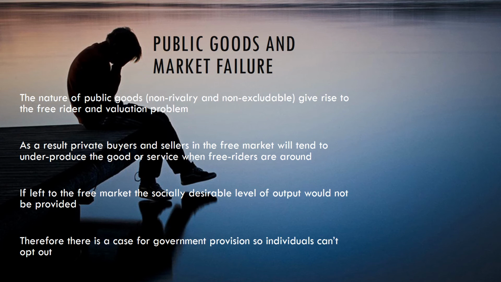The ultimate conclusion is that there is a very strong case that for these types of goods, like flood defence, policing and the army, the government should provide them directly by forcing taxpayers to pay tax so that individuals can't opt out.